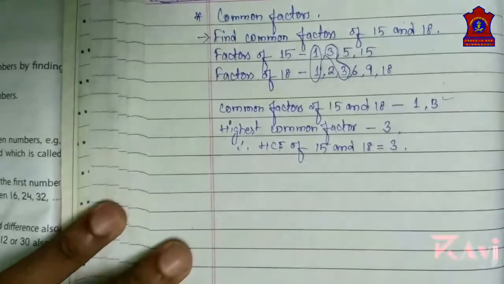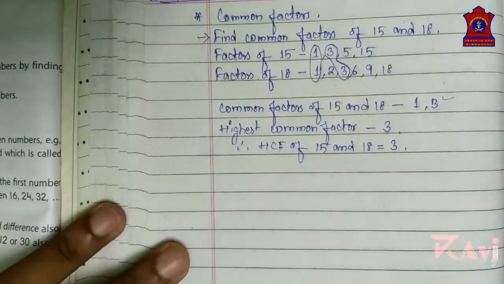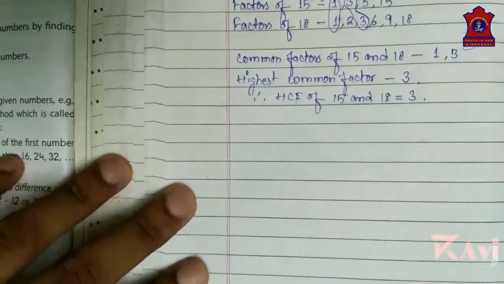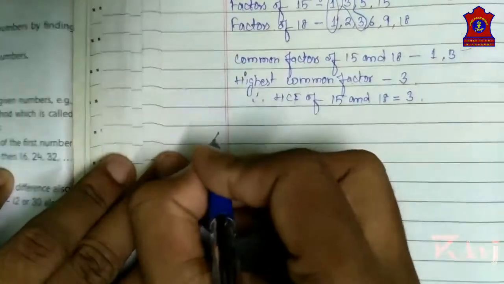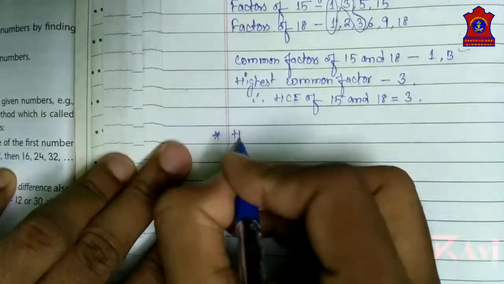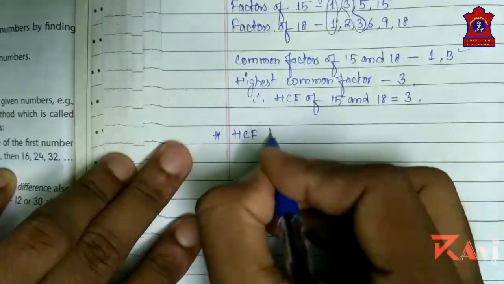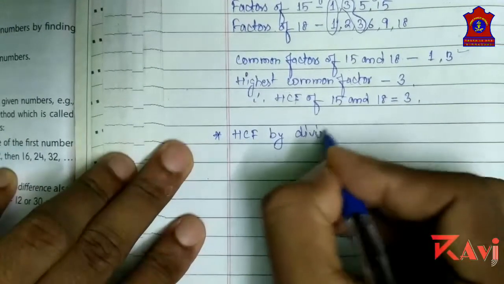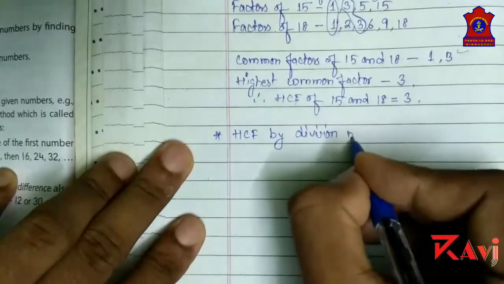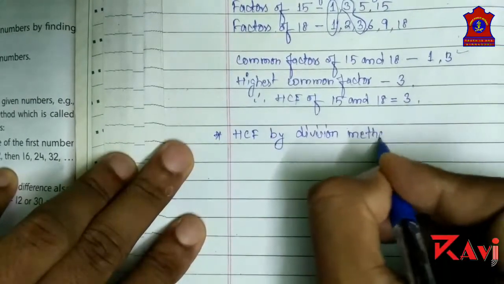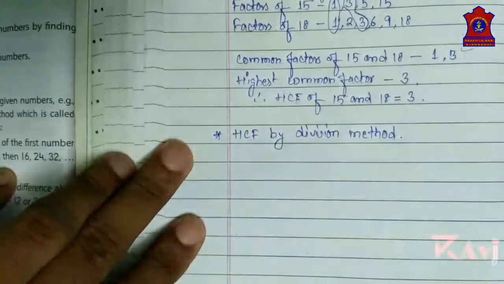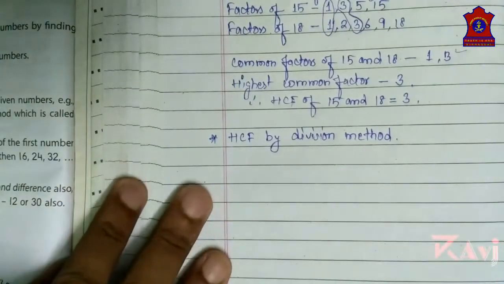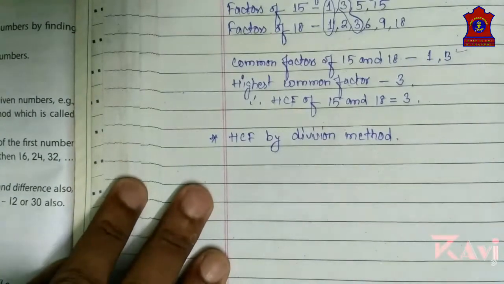Clear? Okay. Now, one more thing you are going to learn today, which is HCF by division method. Say for example, how to find out the HCF of any number.